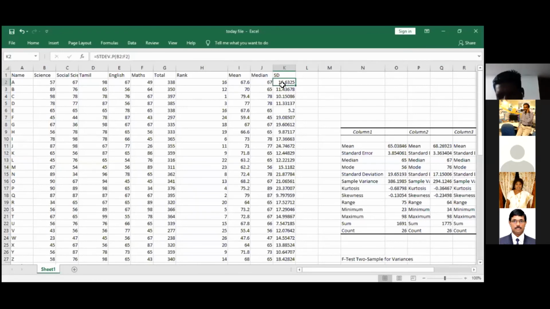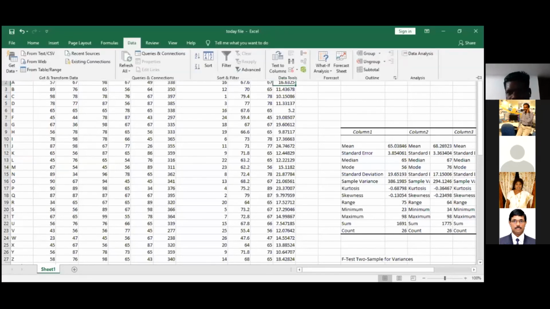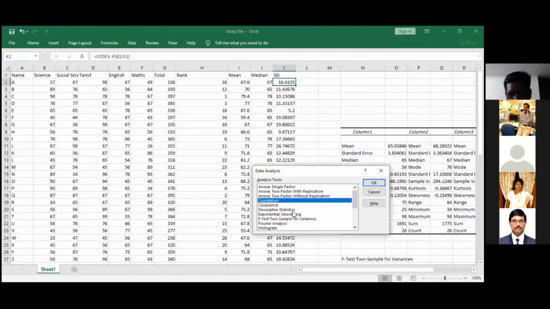Can you please show it in the menu bar, sir, so that they can also make a note? Data, then Data Analysis, then Descriptive Statistics. Here we have to select Descriptive Statistics.